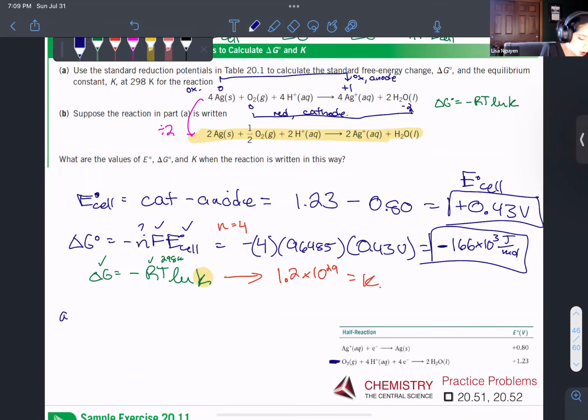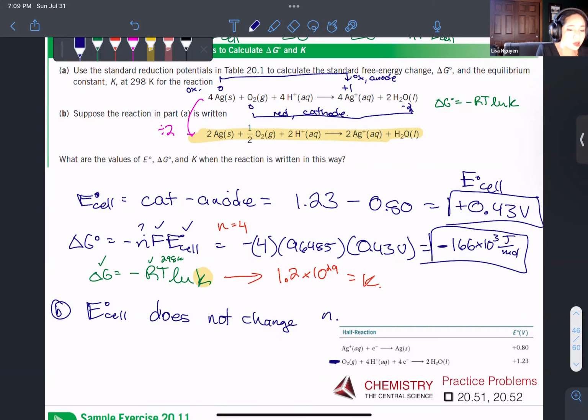So what they want you to think about in part B is if we change the coefficients of the reaction, like in Hess's law, like divide it. E cell actually doesn't change because all we're doing is identifying the cathode and the anode and subtracting those reduction potentials. So E cell does not change. But what does change is n. If we divide the reaction by 2, instead of involving 4 electrons, we only involve 2 electrons.